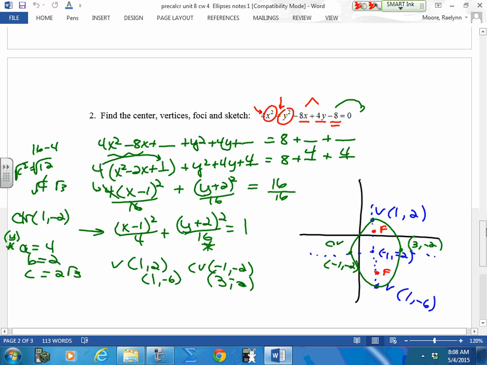Now because they're a radical, we really can't add a radical to a rational number, so we're changing your y, so your foci are going to be at 1, negative 2, plus or minus 2 radical 3. You have to make life simple. Moving up and down, and we can't add your radical to your rational, so we just leave it like that.